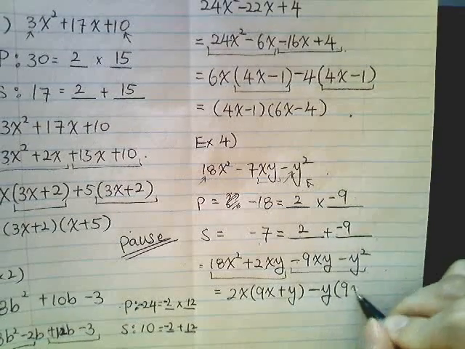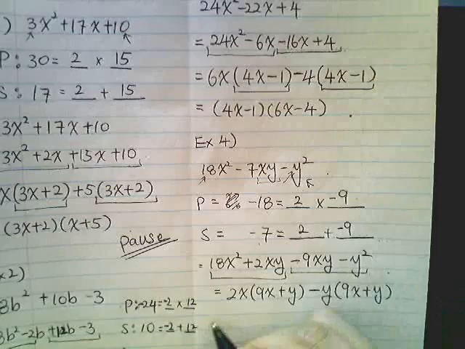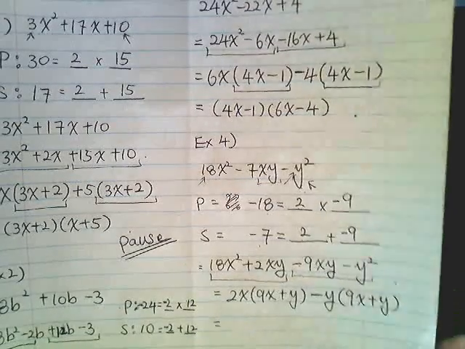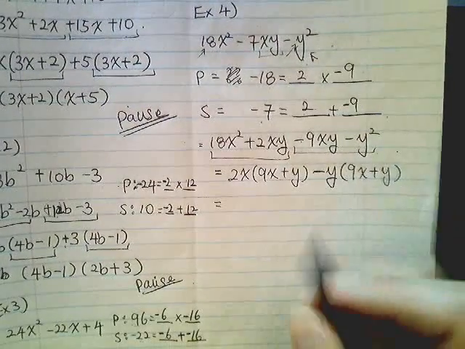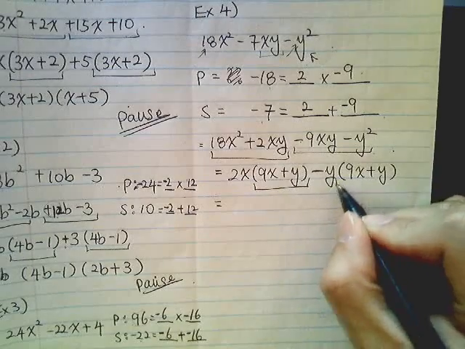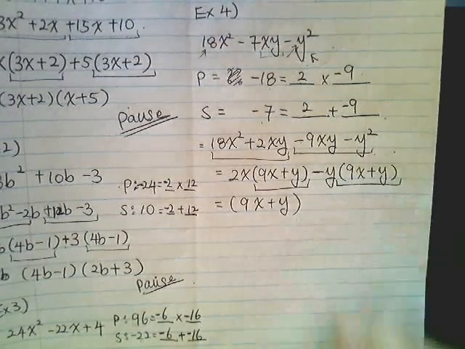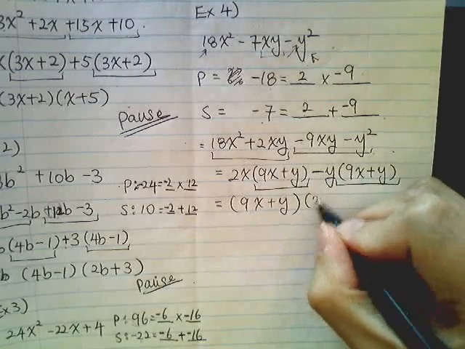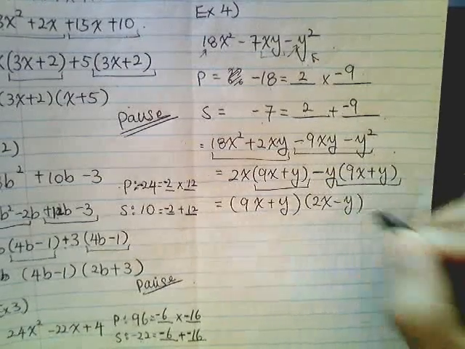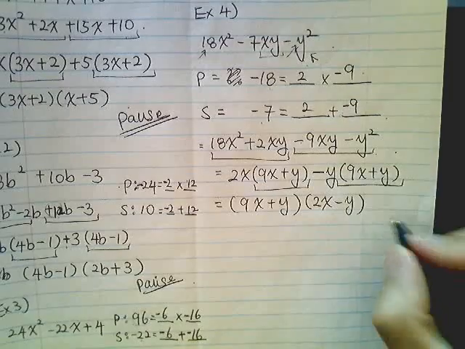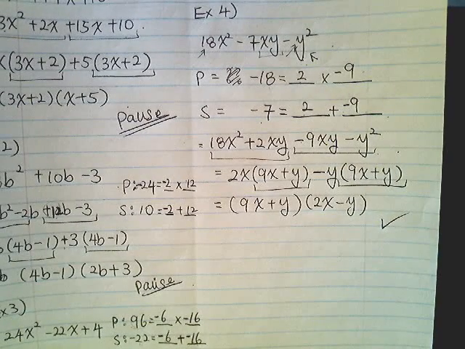Then I have 9x plus y. Now, once I have that, the binomials are a common factor. So we can put 9x plus y in the first bracket and 2x minus y as the second bracket, and we are done. Okay? Make sure you practice this a lot.